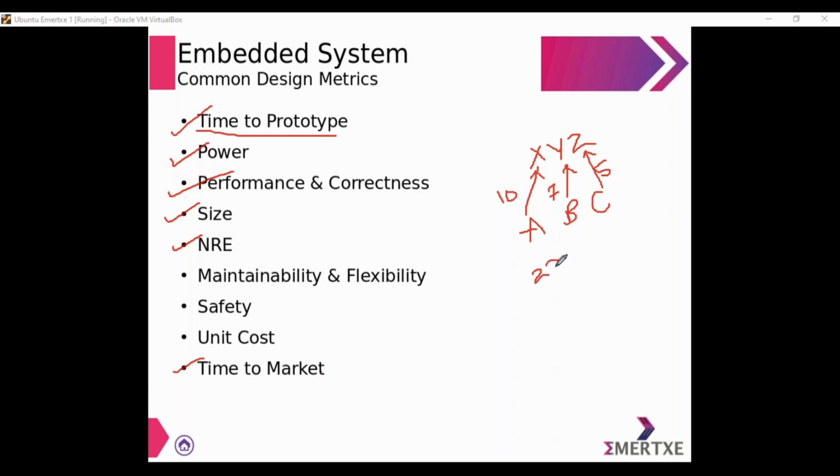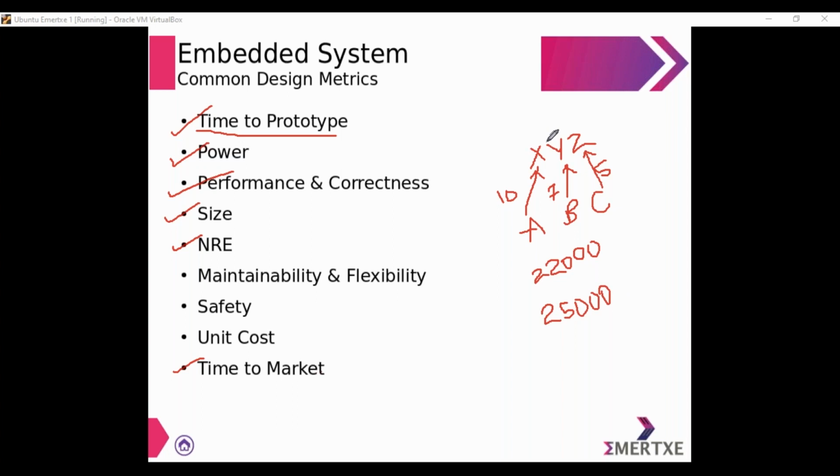So the overall cost is 22,000, what you invested on making an XYZ product. But to the customer, you are going to say 25,000, because you are a manager, you have to keep your profit share also. So you are going to charge 25,000 to the customer.